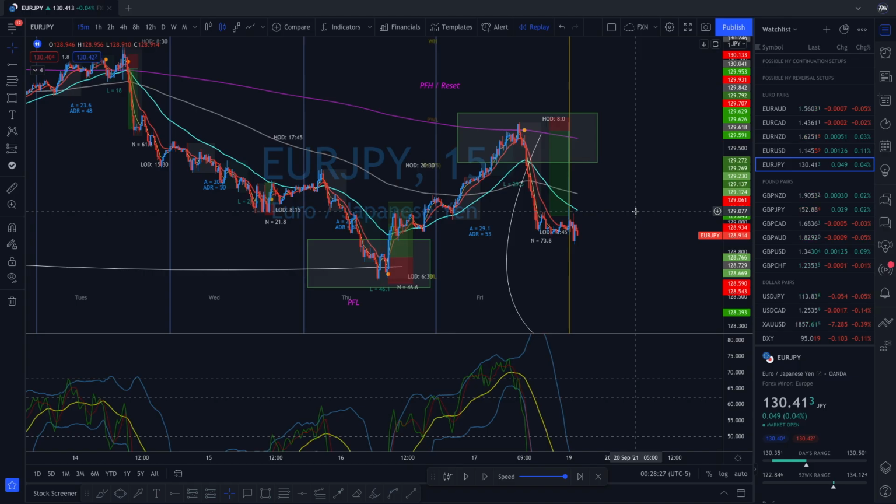So every pair, as you can see, is different. There are some pairs that produce more trades in the US session, other pairs that don't. My suggestion is to start with the pairs that have USD in them, or CAD, right? Because they both trade in the US session most of the time. So that's going to be my suggestion for pairs to start out with.